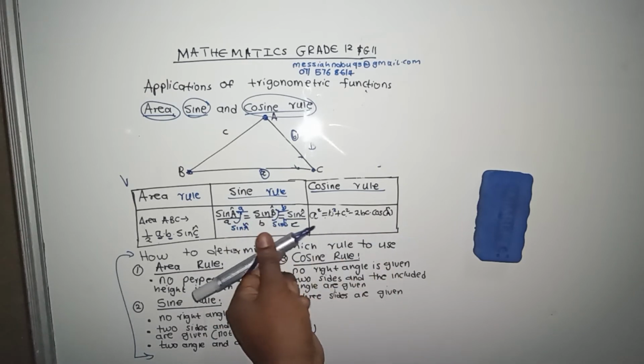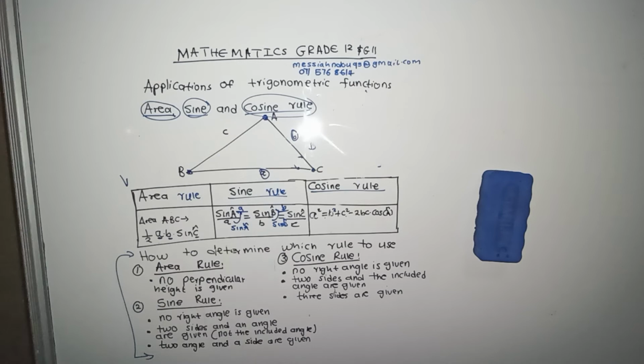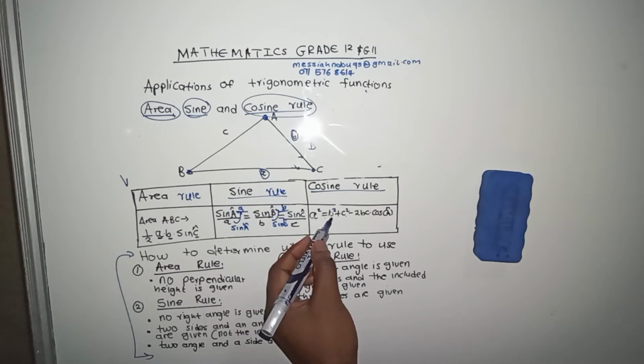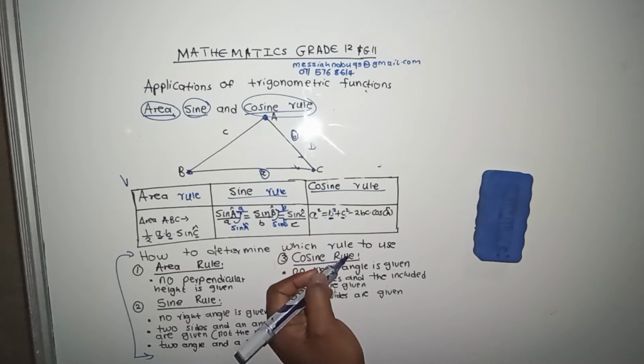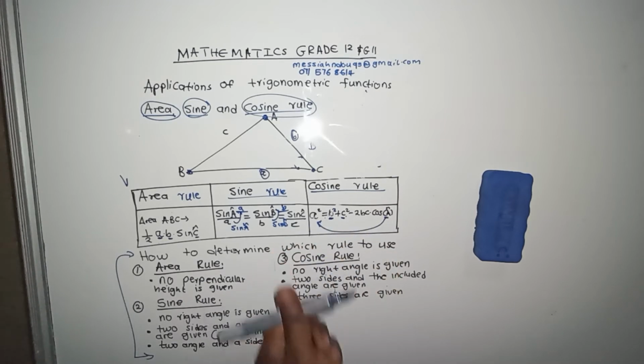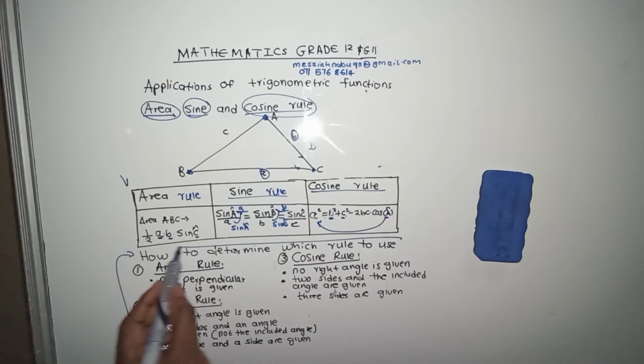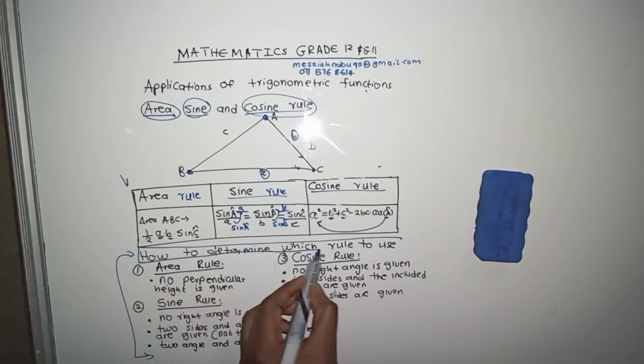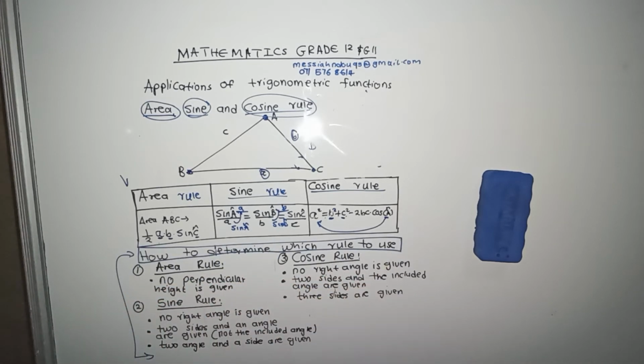This is the right formula to use for the cosine rule. For the cosine rule, these two sides must be given together with the angle opposite the side that you're looking for. But other than that, allow me to take you through it in detail so you can understand when we apply each of the following rules.